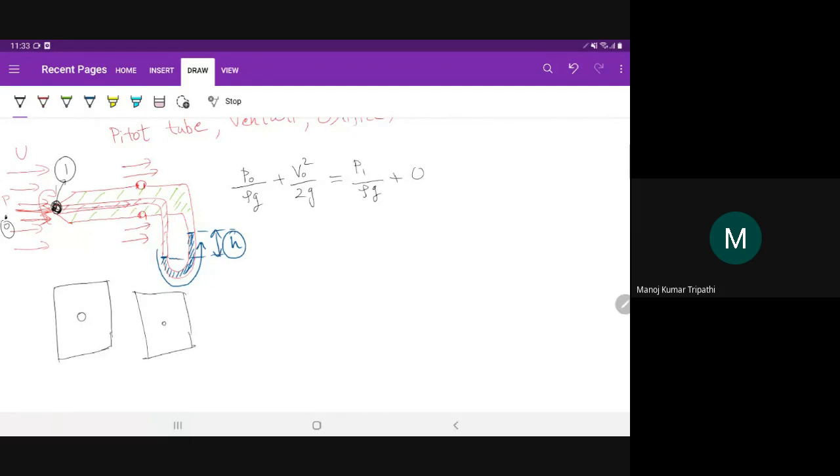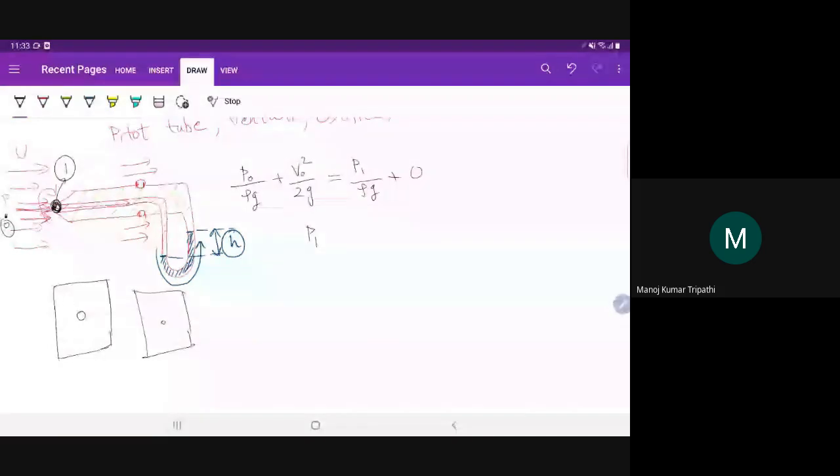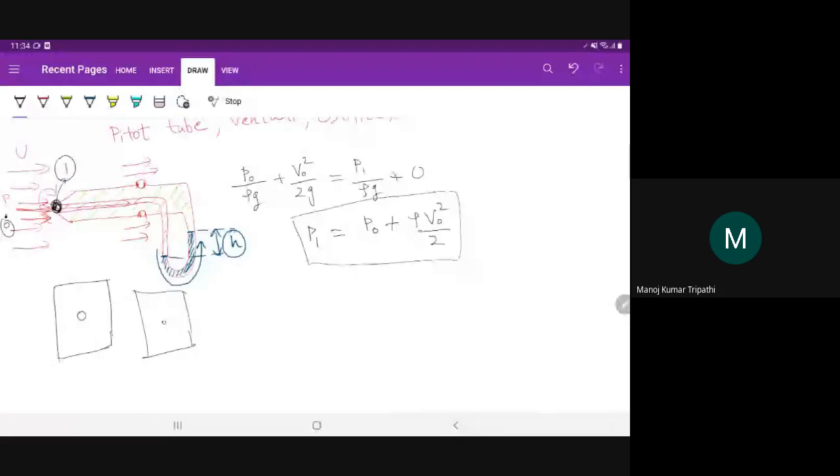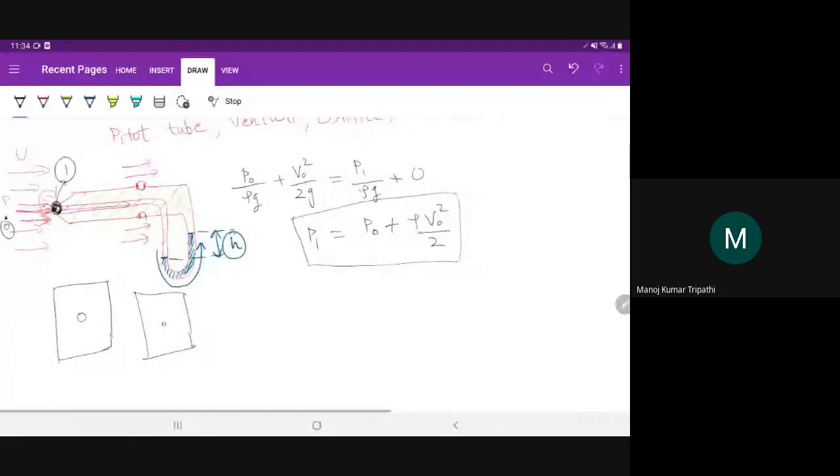From this you can find out what P at 1 is. P1 is P0 plus rho V naught square by 2. This is what you get. And then what about the pressure at point 2, this point?